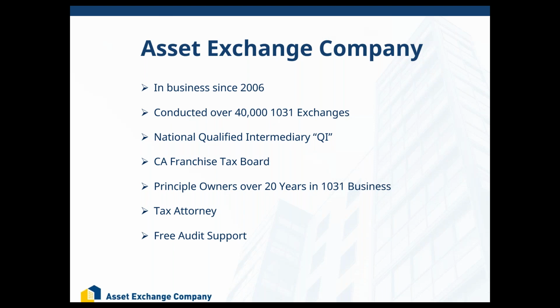They require us to carry minimums for the E&O insurance and minimums for the bond. We're subject to audit by that Franchise Tax Board. There are guidelines on the financial institutions where we hold the proceeds and the type of funds we hold them in. That's all overseen by the Franchise Tax Board, which is great for anybody that deals with us in California.